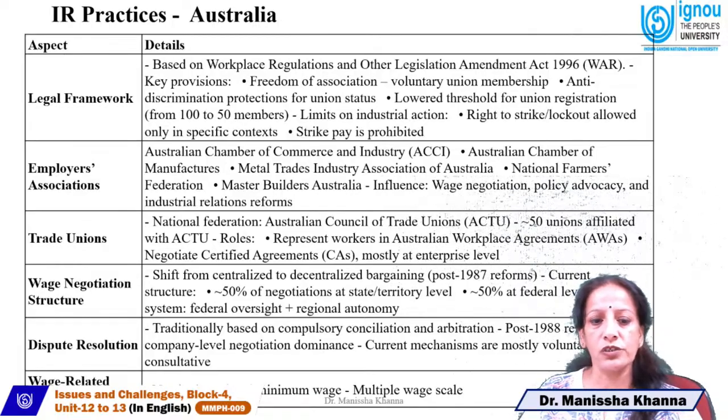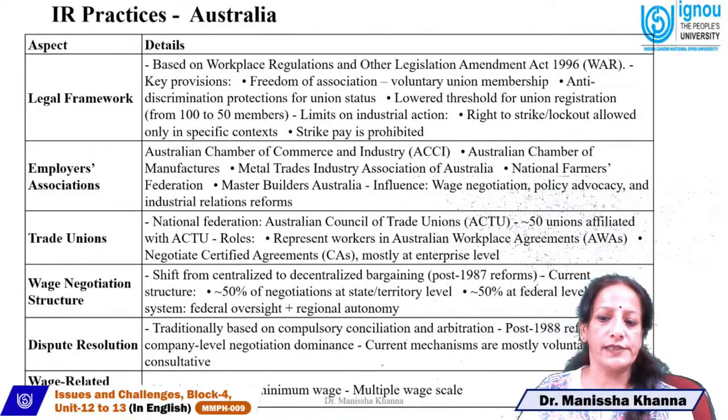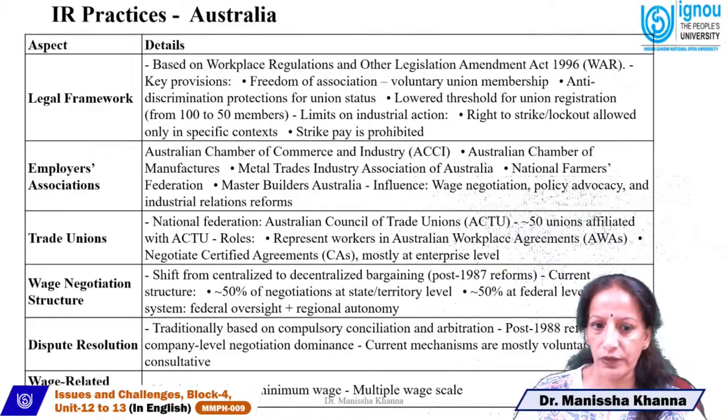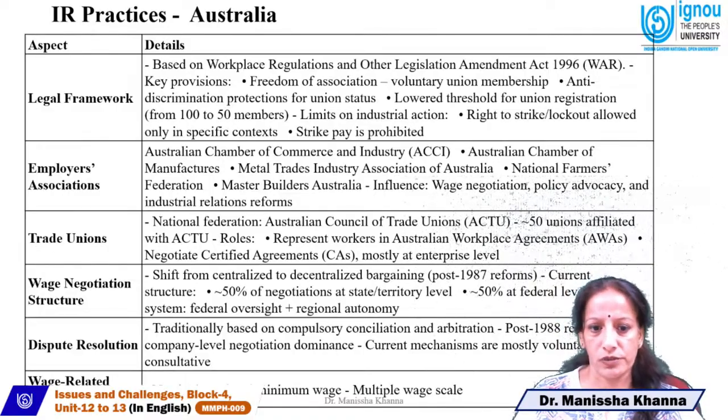The wage negotiation structure shifted from centralized to decentralized bargaining after 1987. The current structure is 50% of negotiation at the state and territory level and 50% at the federal level, a hybrid system of regional autonomy and federal oversight.